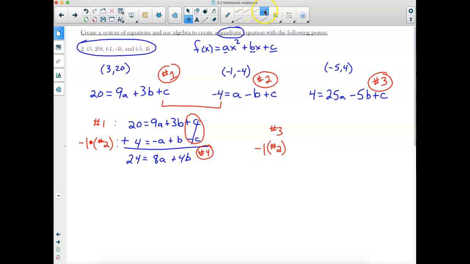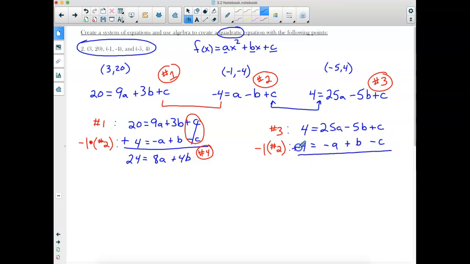Equation 3 is 4 equals 25A minus 5B plus C. I didn't do anything to number 3, but number 2, I'm multiplying by -1 just to pair these two together. That's going to give me 4 equals -A plus B minus C.